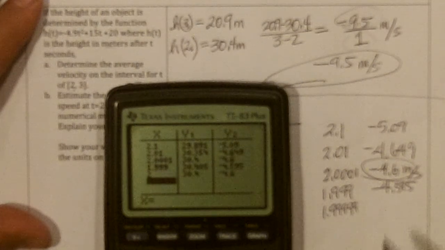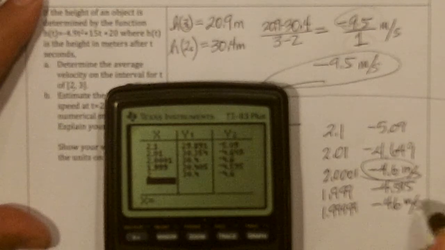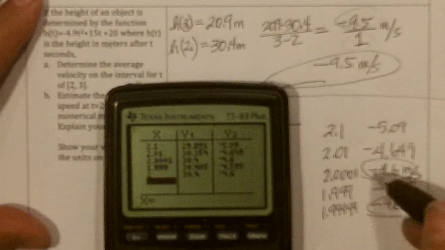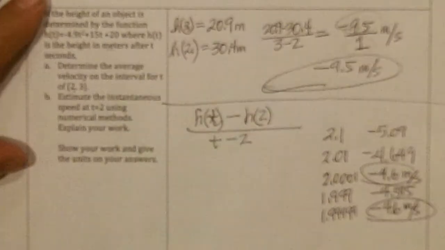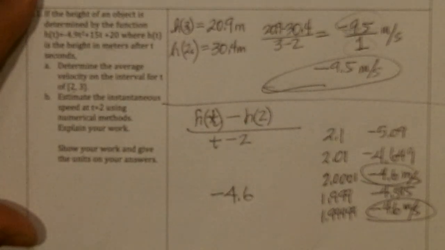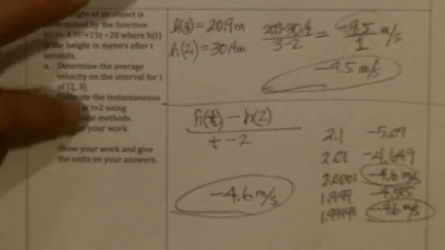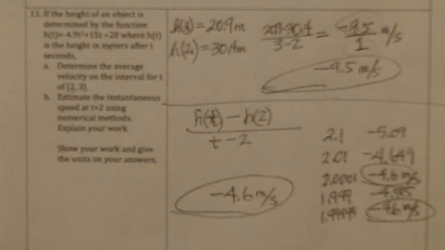That one comes out to be negative 4.6 meters per second. So we got it getting close on either side, so the slope is negative 4.6 meters per second. So the speed at 2 was negative 4.6.